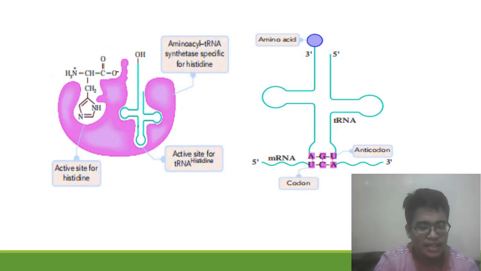So this is the active site for the amino acid that will be attached to the tRNA. The interaction between the anticodon of the tRNA and the codon of mRNA, which involves complementary base pairing, governs the proper placement of amino acids in a protein.